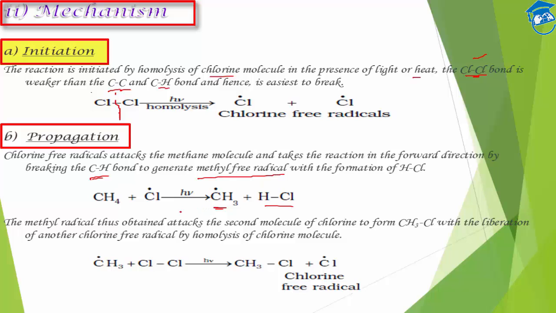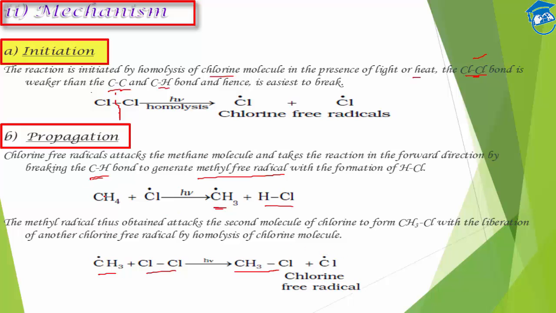Again, this methyl free radical is unstable, so it will attack the chlorine-chlorine bond. It is weaker, so it will break, halogenation takes place, and we will again have a chlorine free radical.